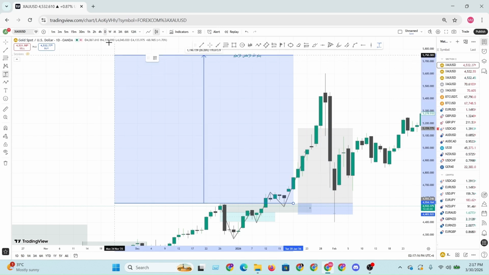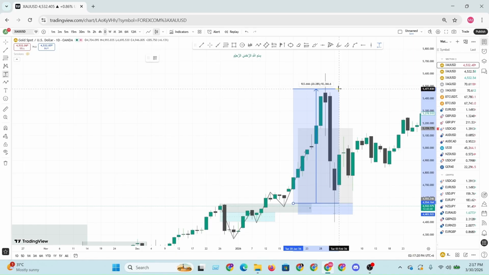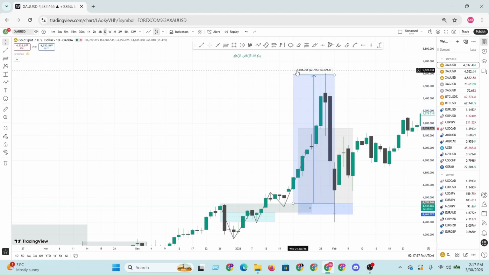That's why I use this as a bias, because this is a good level for bias. See, 10,000 pips from this level.